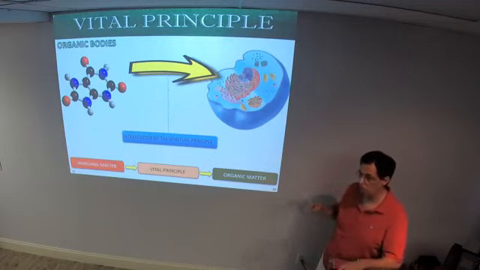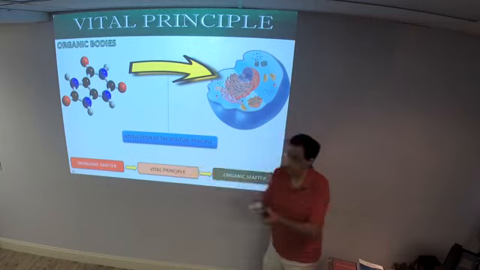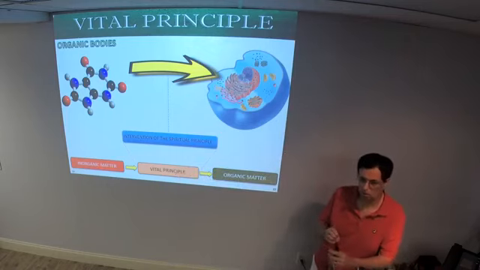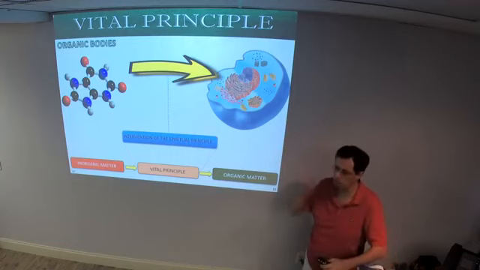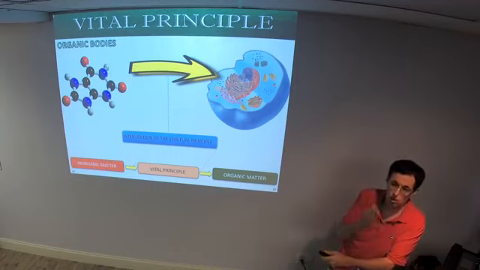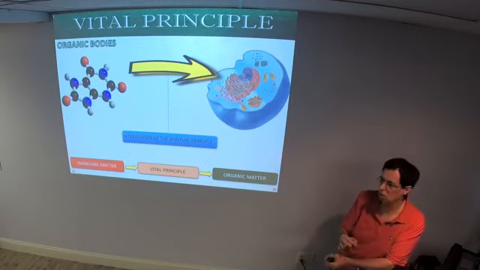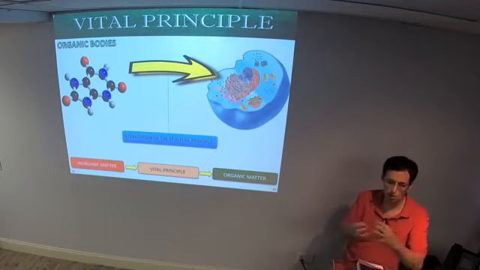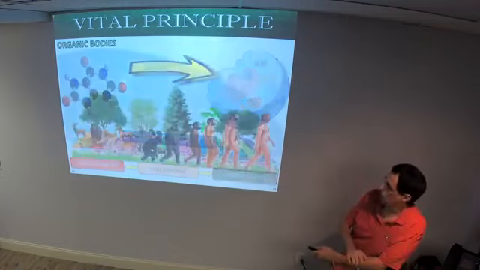The vital principle will allow us to change the molecular structure of the elements, so we can infuse life in them. Just like graphite and diamond, except that those don't have life in them, but it's the same one element in a different molecular structure. So the vital principle is what allows us to do this.